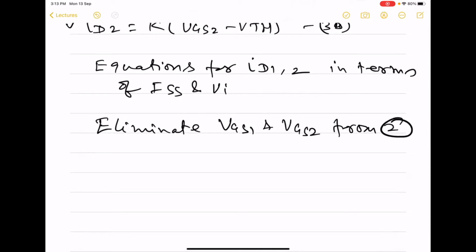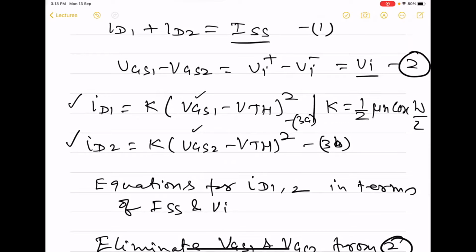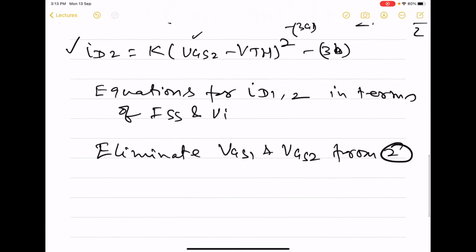So we use 3A and 3B to eliminate VGS1 and VGS2 from 2, and that becomes an equation in terms of ID1 and ID2.